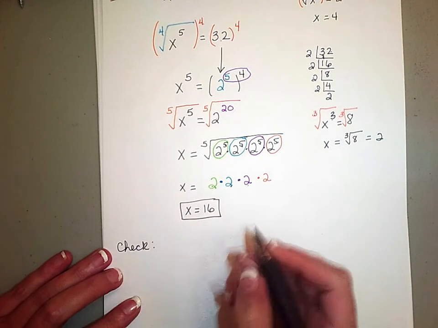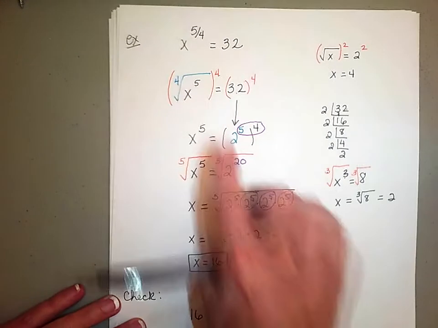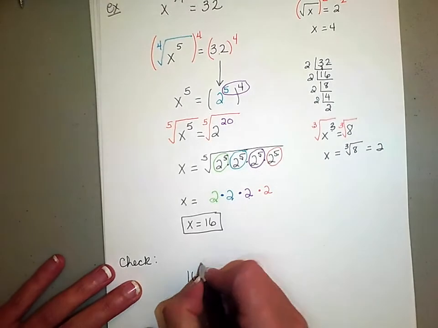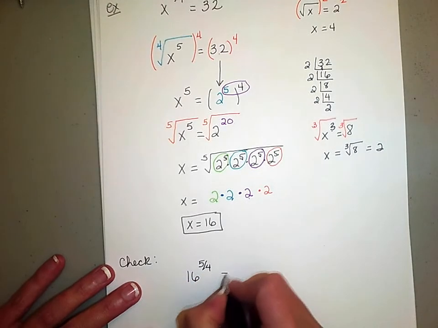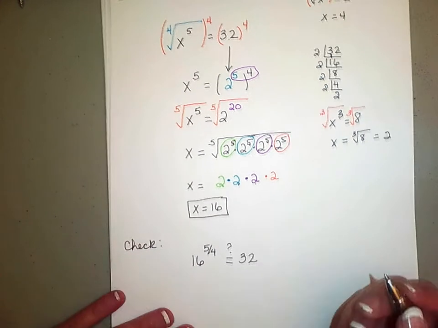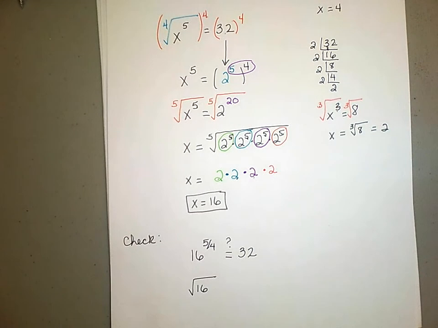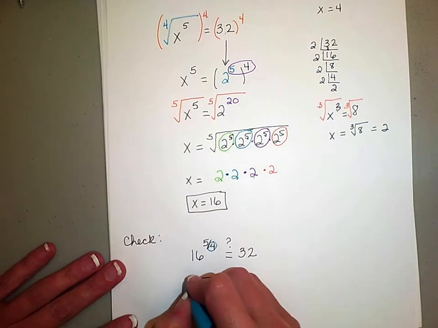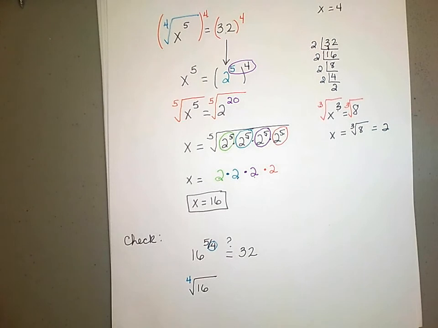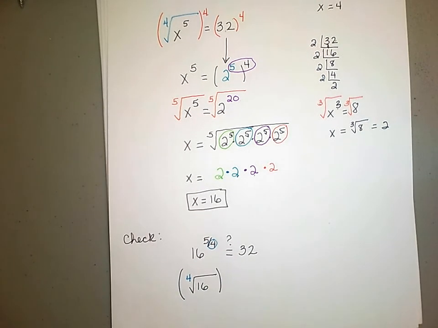So let's do our check. We say 16, I'm putting it back in here, to the 5/4 power. And we're going to ask ourselves, does that equal 32? Okay. Well, simplifying the root, this becomes the 4th root from here, and then I'm going to raise that to the 5th power.